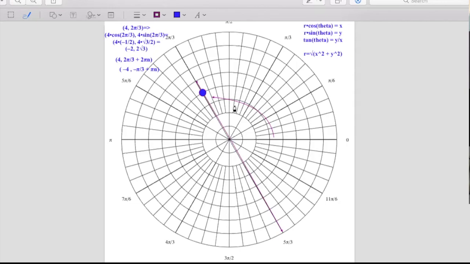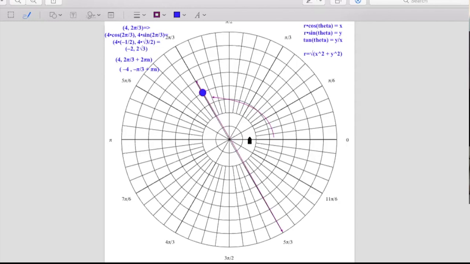If I really wanted to make you very, very dizzy, I would tell you spin around 8 times and then go 2 pi over 3, and then walk forward 4 spaces. But one other way to get you to this point would be to tell you spin around negative pi over 3 and then walk backwards 4 spaces, 1, 2, 3, 4.